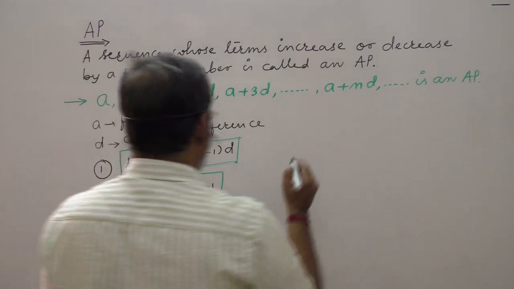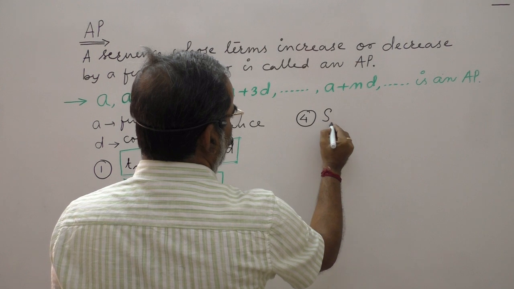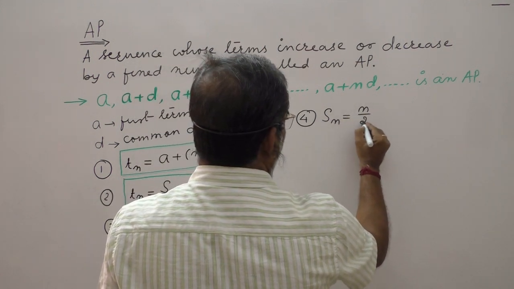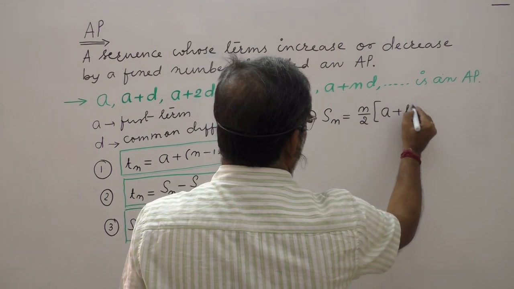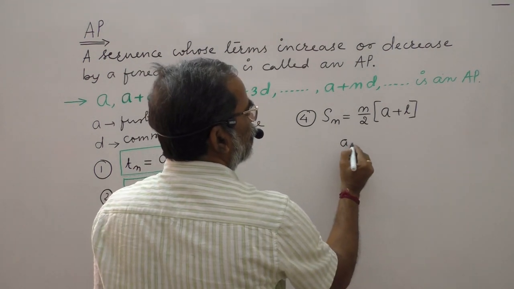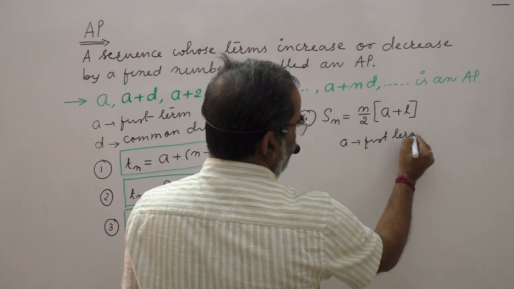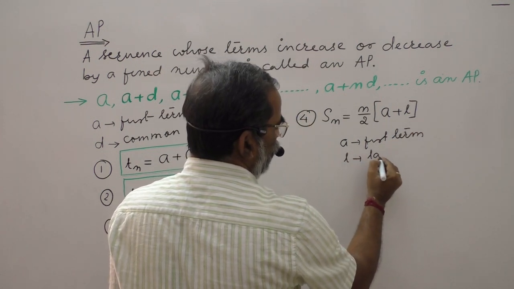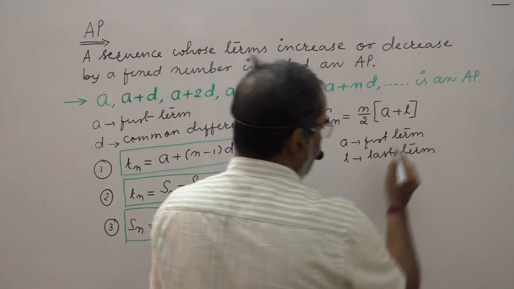Similarly, next number 4. This Sn can also be calculated like this, which is n by 2 into (A plus L), where A is the first term and L is the last term. What is the last term?